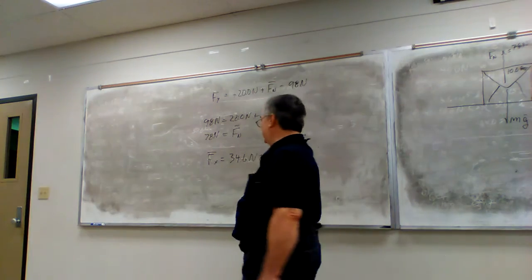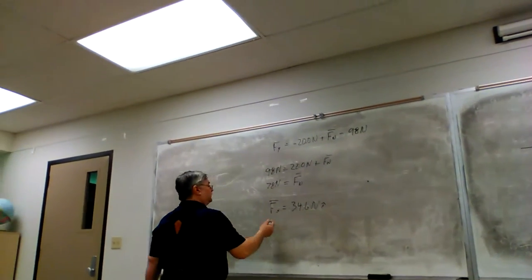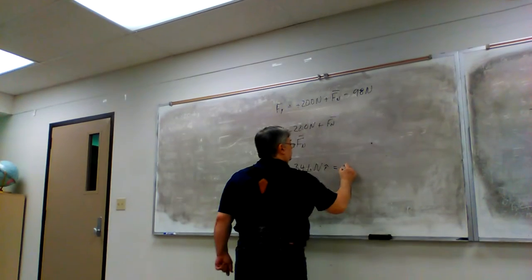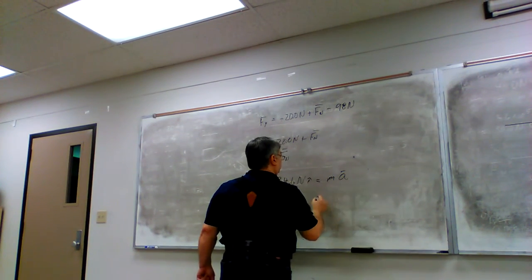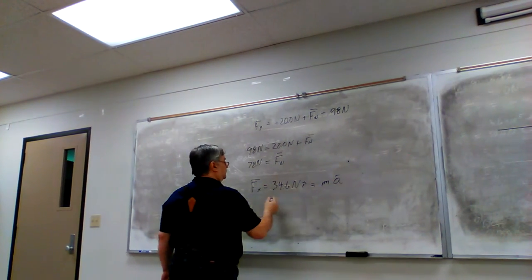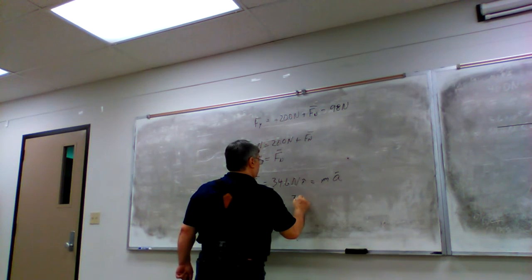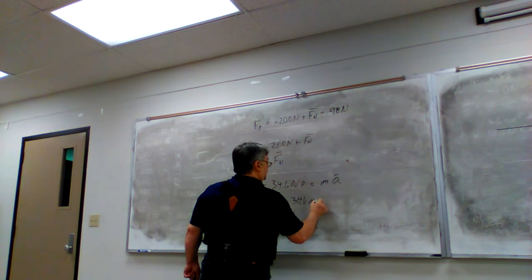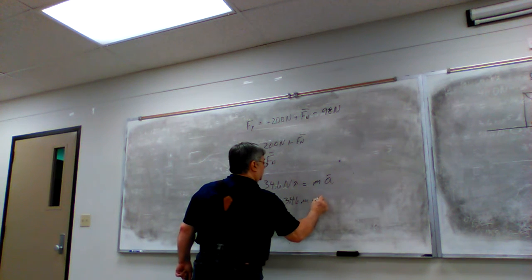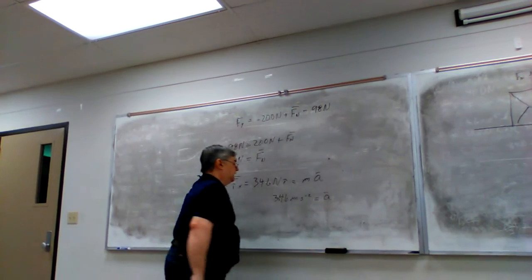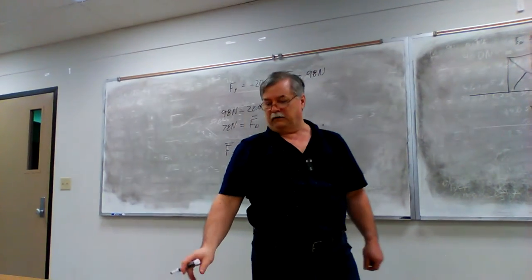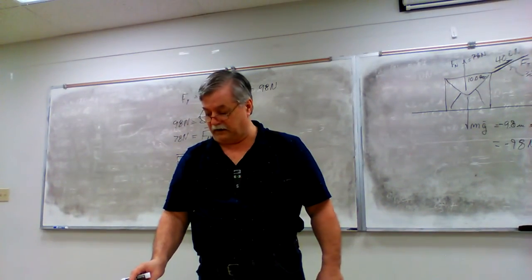And then we solve that for its acceleration. That's equal to its mass times its acceleration. Mass is 10 kilograms, so you divide both sides by 10. You get 3.46 meters per second squared is the acceleration that the box will experience horizontally.